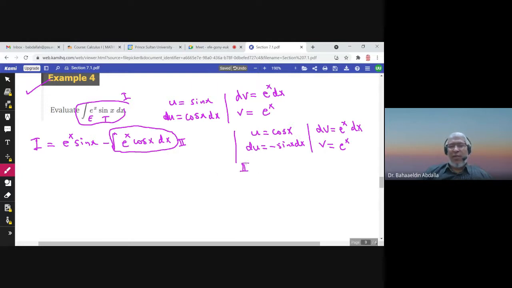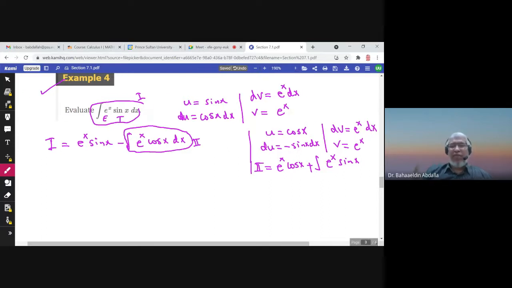So double I would be equal to this integral, e^x cosine x minus integral v du, which is e^x sine x, and there is a negative sign, so it would be positive. All right, so let me rewrite what we have again.